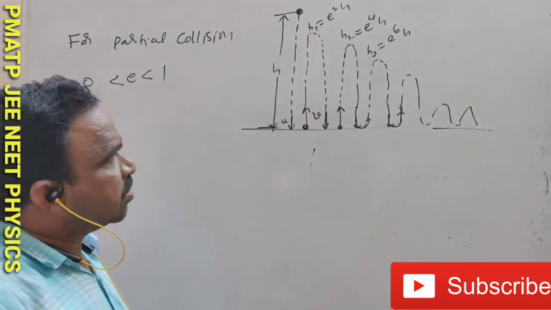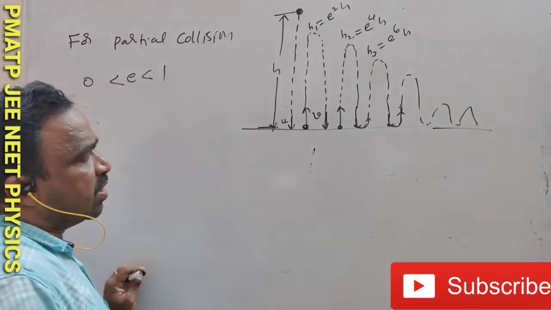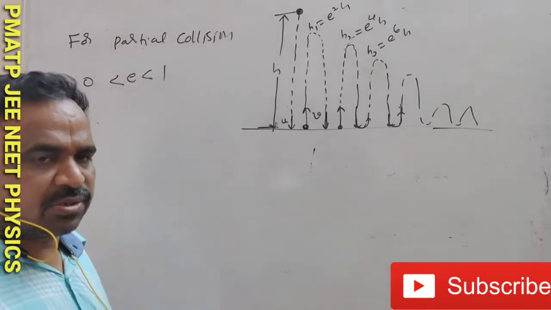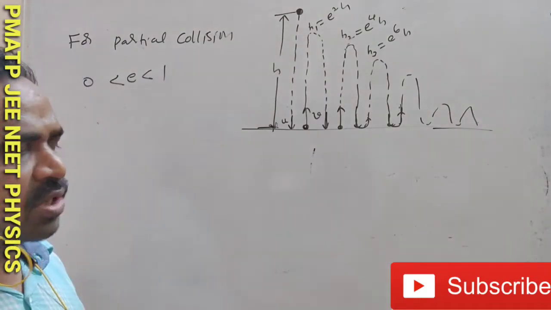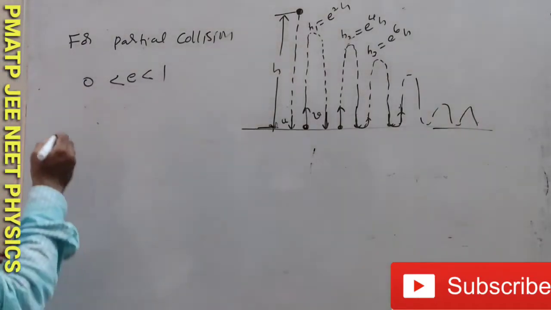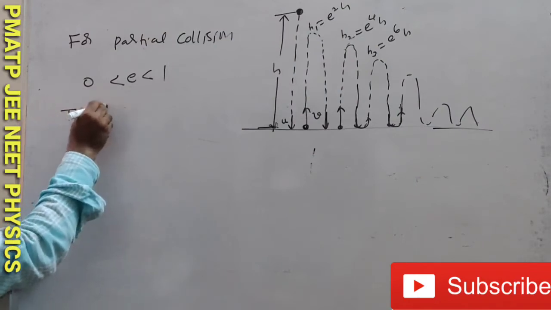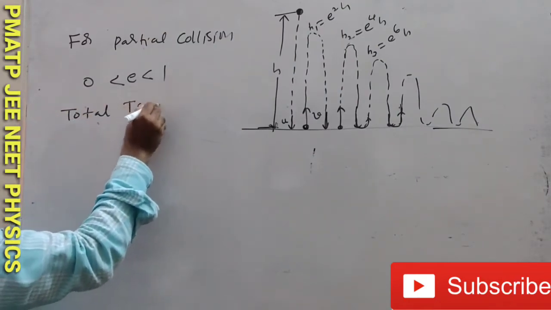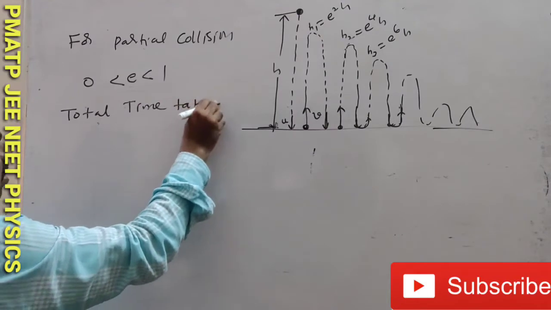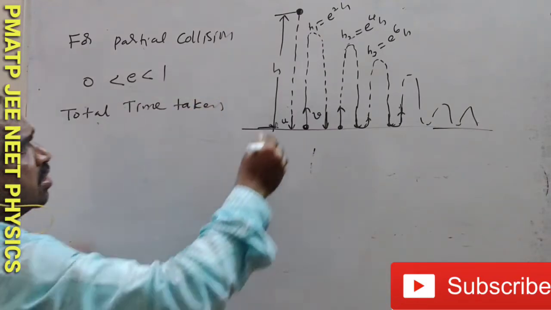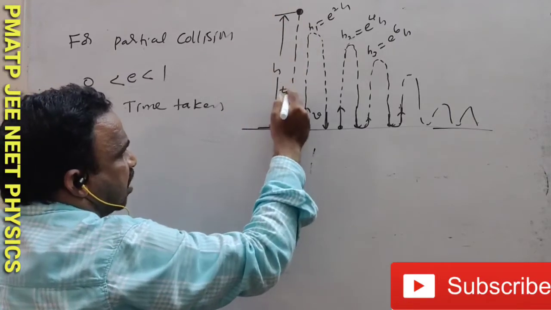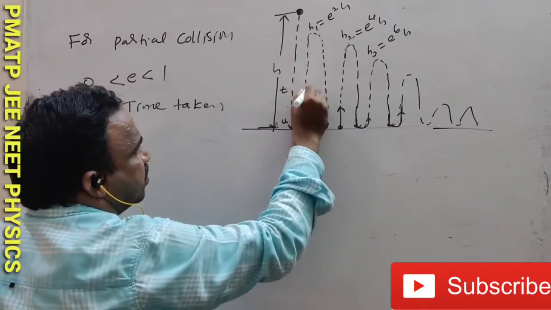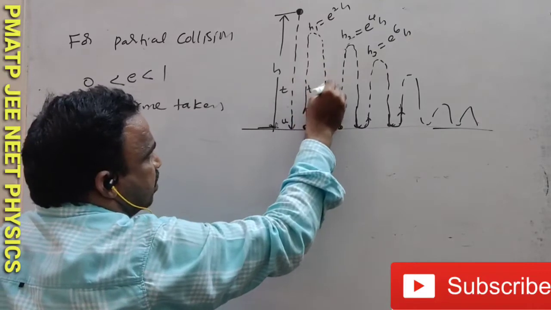So in this case, we will once again calculate the total time taken. After n successive rebounds, finally it comes to rest. What is the total time taken? See here, the first strike takes a time, let us assume t. After the first collision, it goes up with time t1 and comes back in the same time t1.